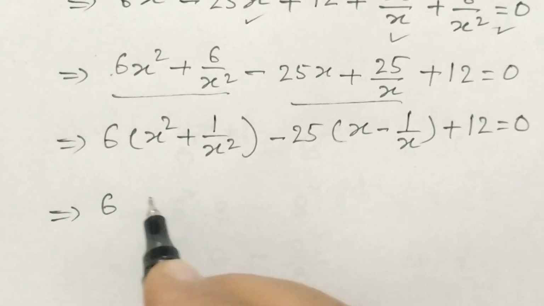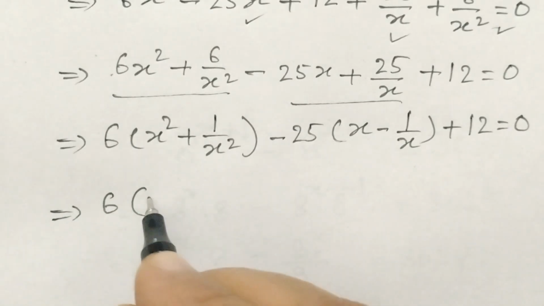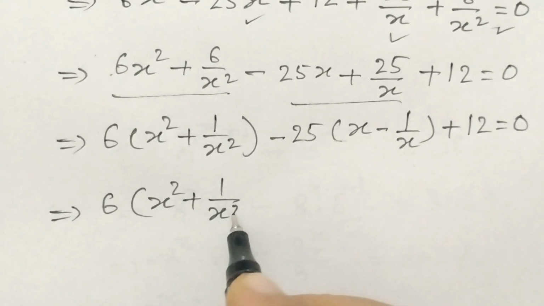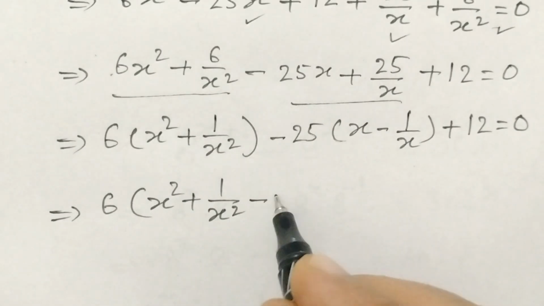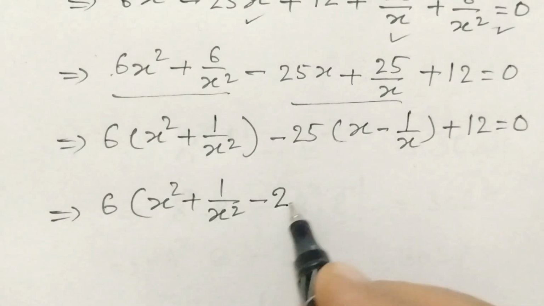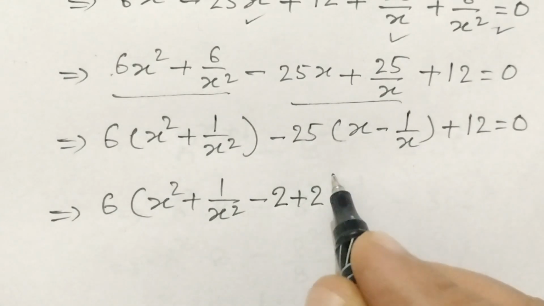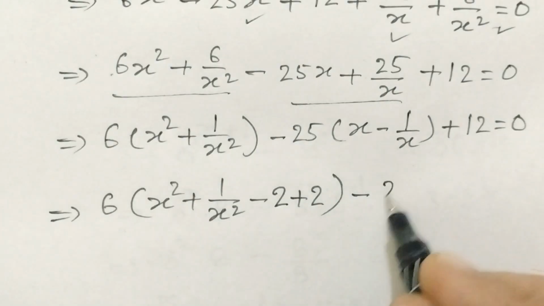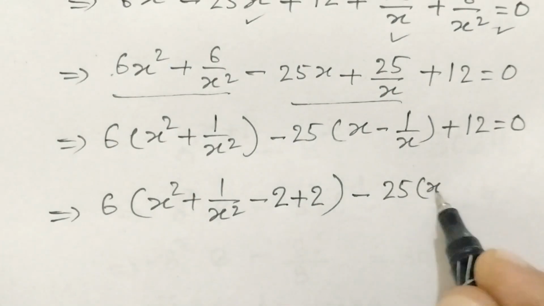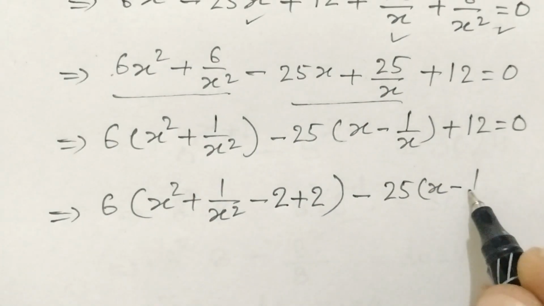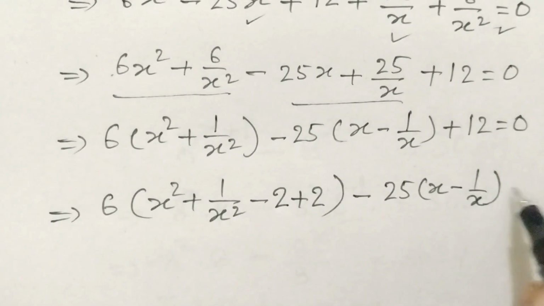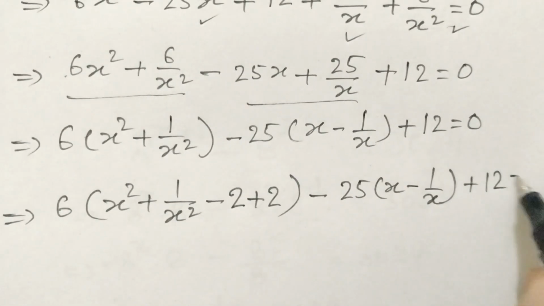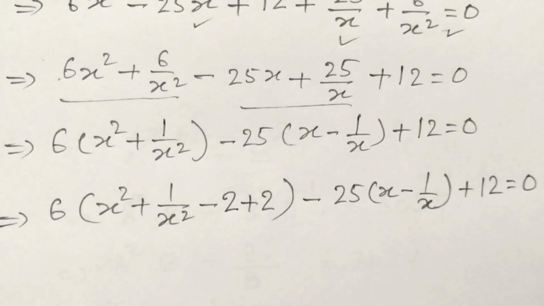Now, in the 6 times (x^2 + 1/x^2), if we subtract 2 and add the same, minus 25(x - 1/x) plus 12 is equal to 0, right?